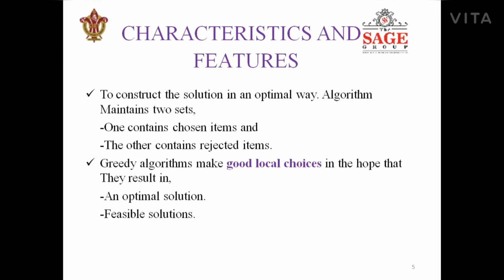Greedy algorithms make good local choices in the hope that the result is an optimal and feasible solution. So in greedy algorithms, we try to generate the optimal solution with the help of feasible solutions of subproblems.